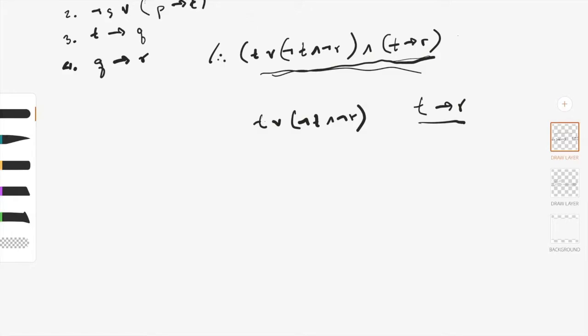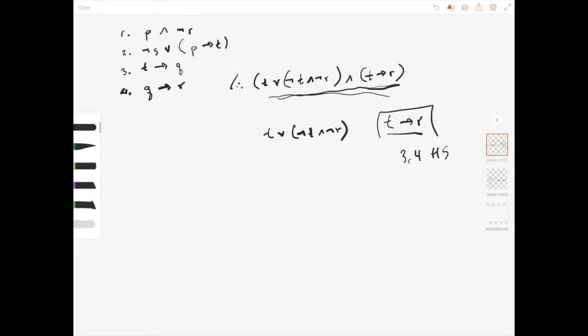If you look at lines 3 and 4, you will see that it's a fairly straightforward case of hypothetical syllogism that would allow us to derive this part. So this part is going to be no problem. Our conclusion by hypothetical syllogism is T implies R.